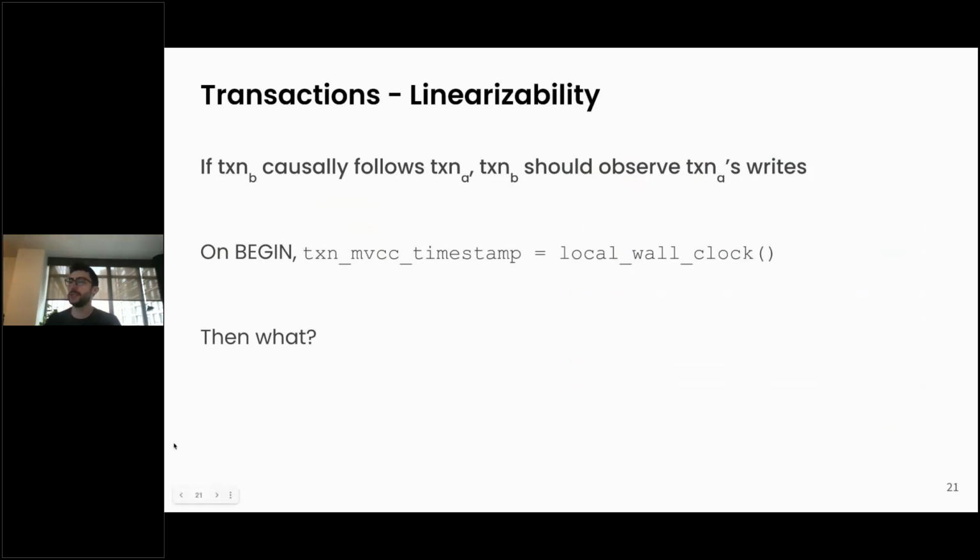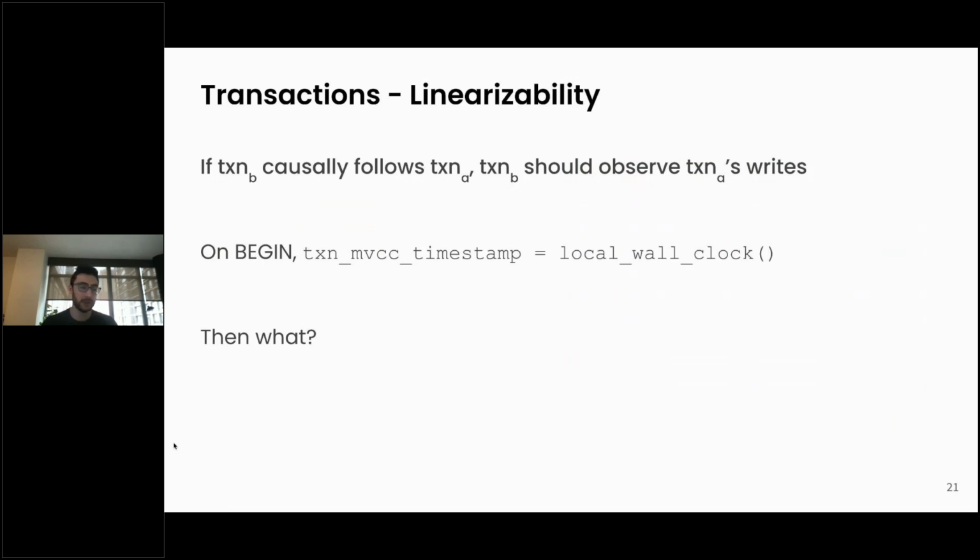It's used to express the concept that if a transaction B causally follows a transaction A, meaning transaction A happened, it committed, and there's either a chance or it is the case that commit then led to transaction B beginning, then transaction B will always observe transaction A's effects or its writes.